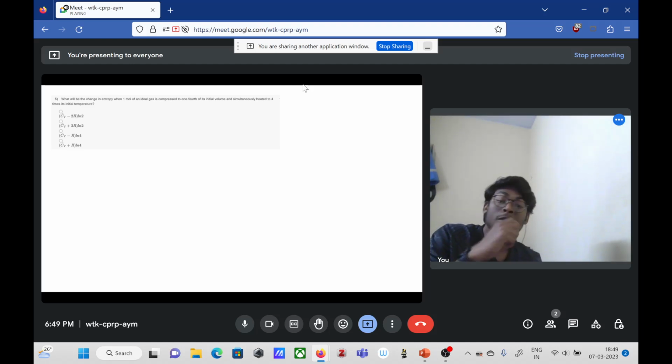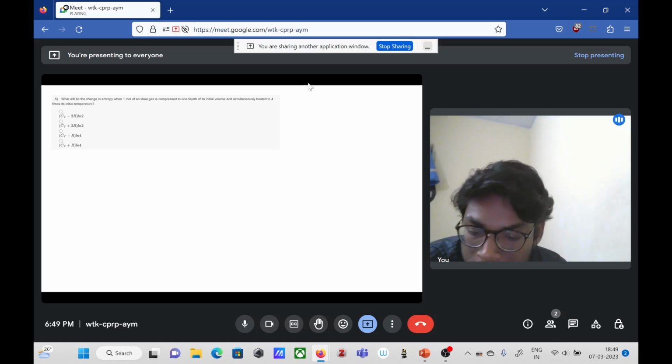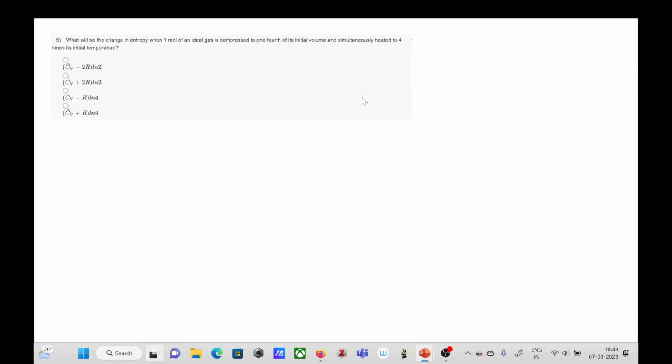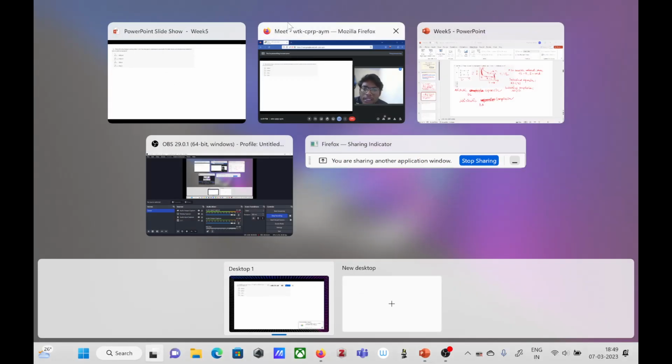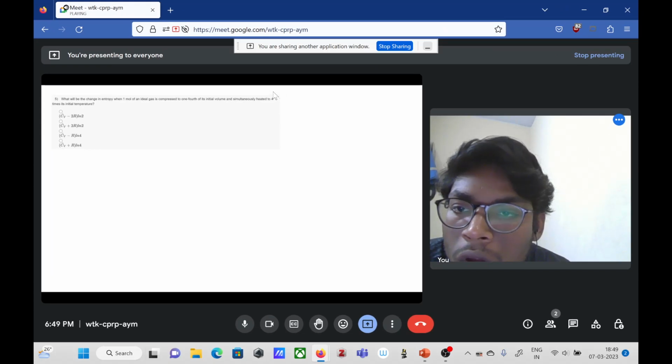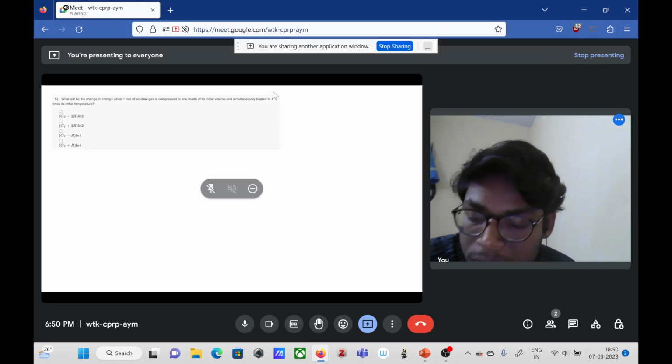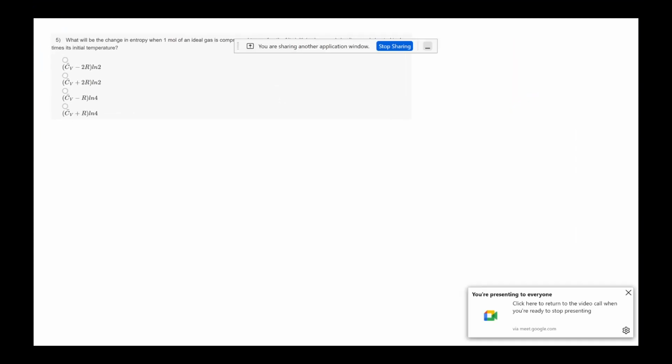So there are two pieces of information, and the change in entropy will depend on both. The first is that it is compressed to 1/4 of the initial volume, so VF will be 1/4 of the initial volume.